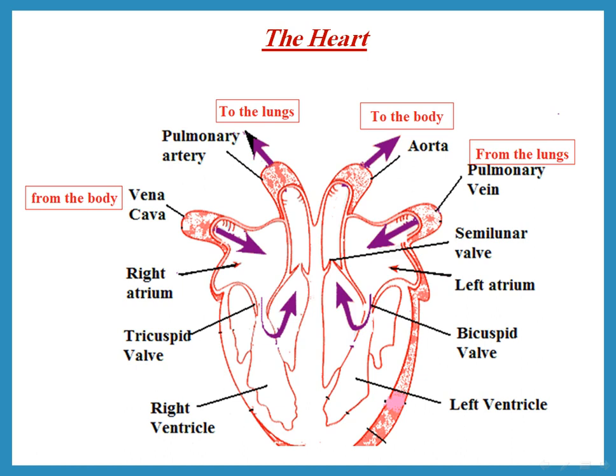Remember, the blood that is coming from the lungs is full of oxygen, so we call it oxygenated blood. So remember that. The left atrium and left ventricle contain oxygenated blood, blood rich in oxygen. The right atrium and the right ventricle contain blood that is deoxygenated or has a lot of carbon dioxide.